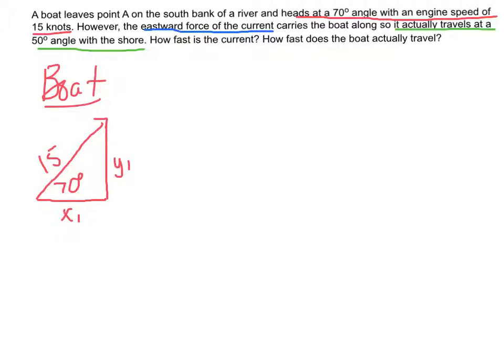And then we have our current vector, and that's heading eastward, so that means it's going to the east. And we don't know how fast that's going, so we'll put a little question mark there. But if I write out the component form of this vector, I do know that the y value is going to be 0, because it's not going up or down at all.